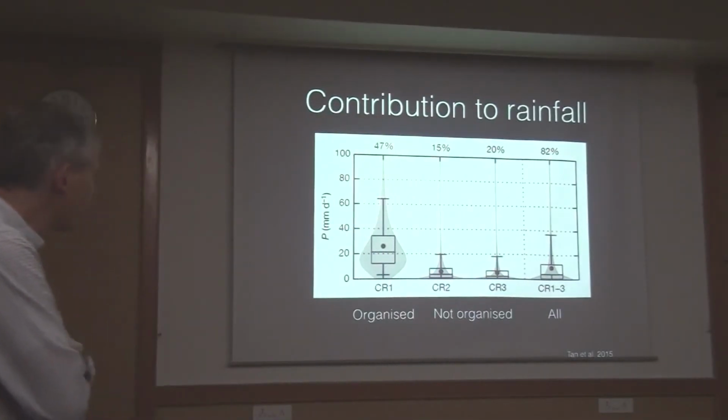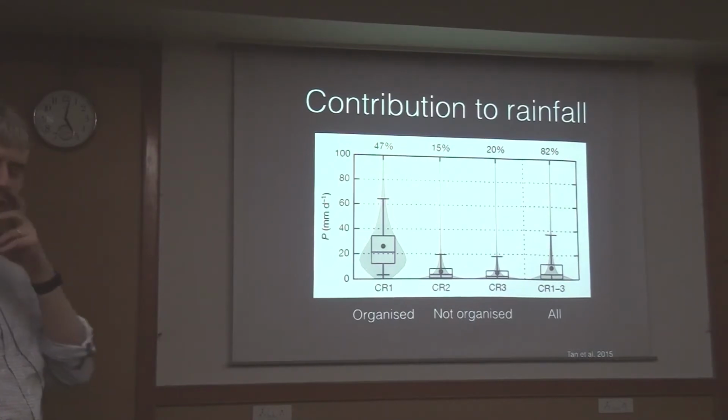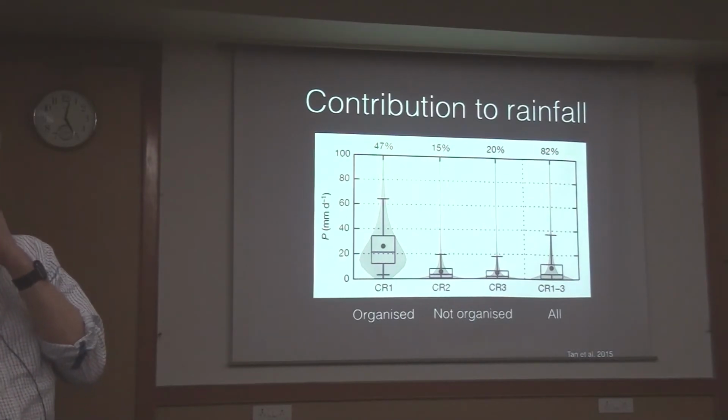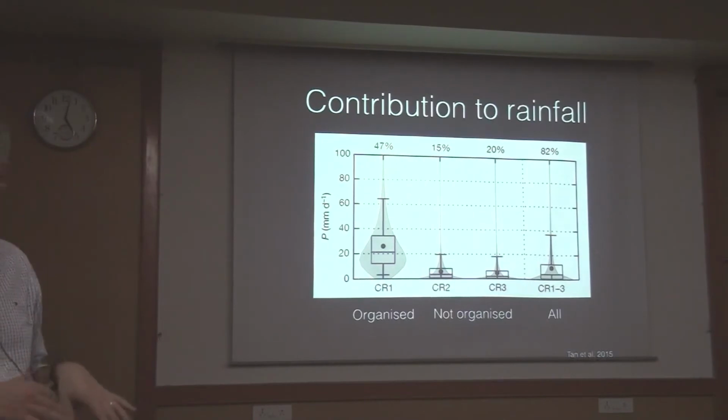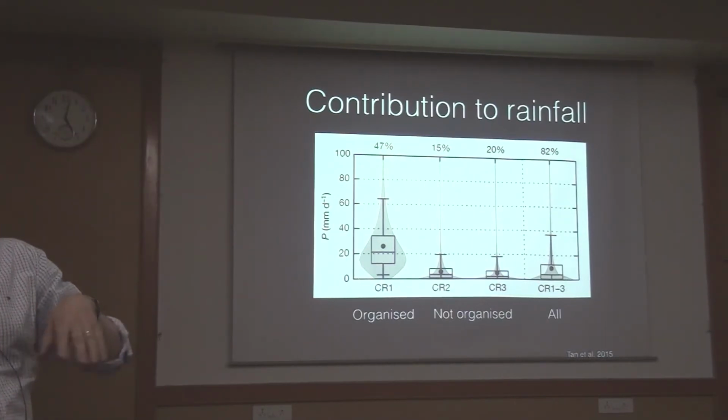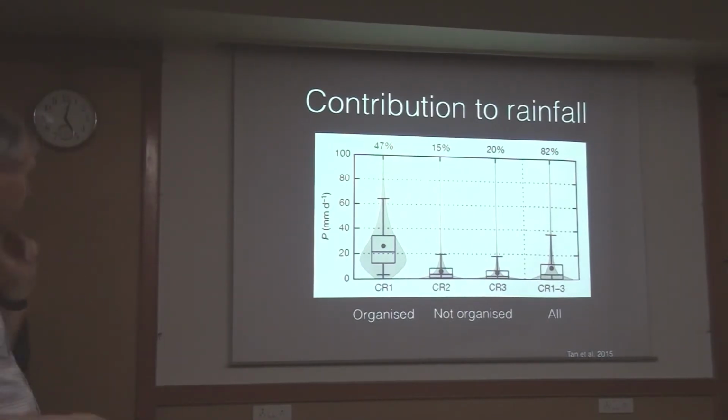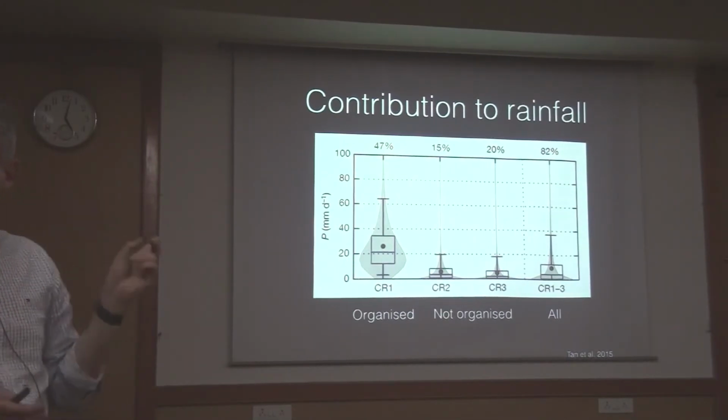From the radiative balance, actually, it turns out that the OLR differences between organized and not organized convection are not nearly as big as the... So if you think about top of the atmosphere radiation, there is a difference in OLR between organized and not organized, but it's much smaller than the difference in rainfall.